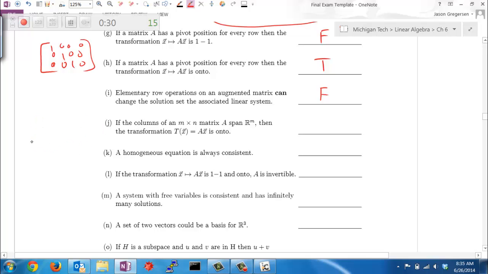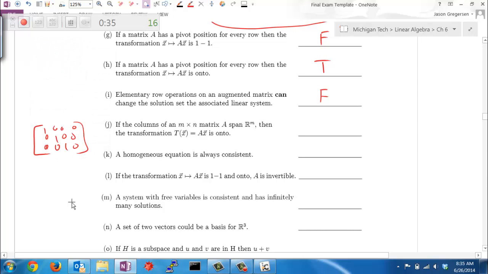So the columns of my m by n matrix, so m rows, n columns. If the columns span Rm, which is where it would live, then the transformation is onto. True or false?